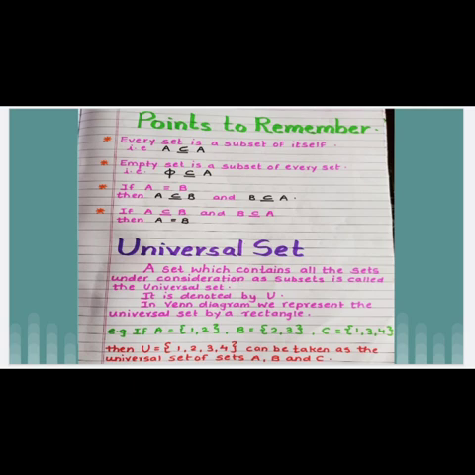That means U, universal set, is equal to, you have to write down all the elements which are coming in the sets A, B and C. Hence we got here U is equal to {1, 2, 3, 4}, can be taken as the universal set of sets A, B, C.